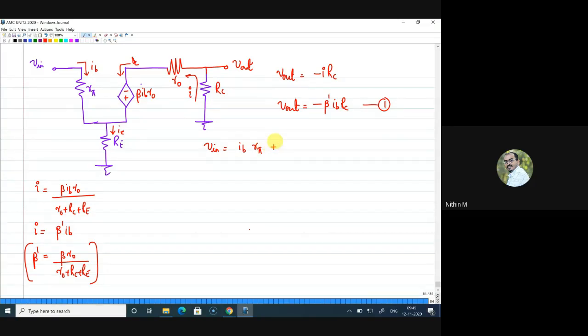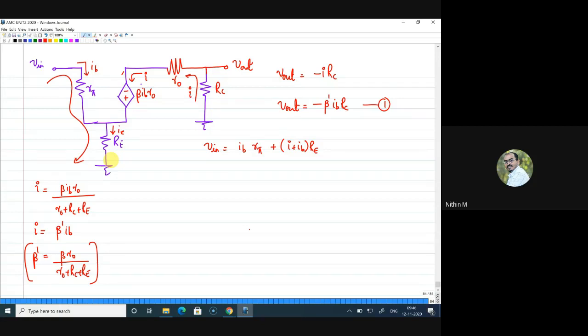Instead of IC, since I marked it as I, I'll write this as I plus IB into RE. So V in is this loop: voltage across R pi plus voltage across RE. Since I know V out and V in, I can take the ratio.